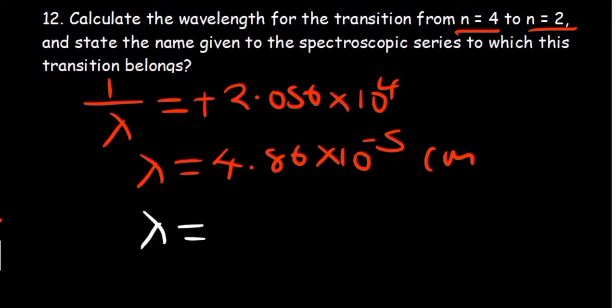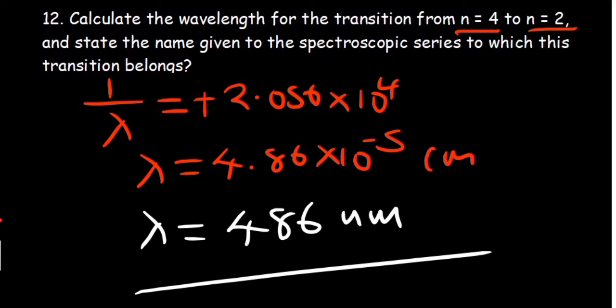If you're moving from centimeters to meters, you're supposed to divide by 100. After dividing by 100, we multiply by 10 to the power 9 to convert it to nanometers. So basically we have 486 nanometers as the wavelength in this case.